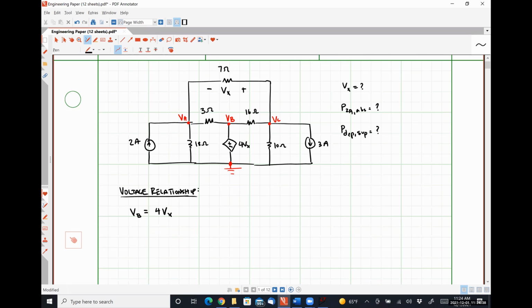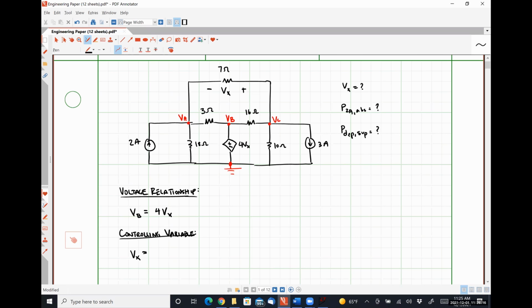While we have this dependent source in mind, let's write the expression for our controlling variable as well. How would we express Vx, the voltage drop across our 7 ohm resistor, positive polarity on the right, in terms of our nodal voltages?